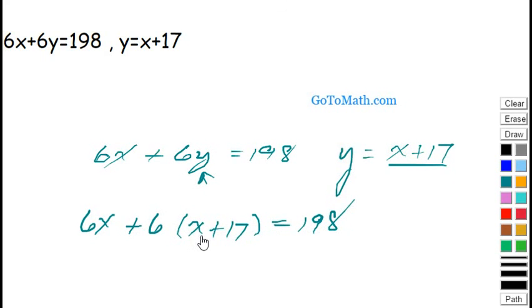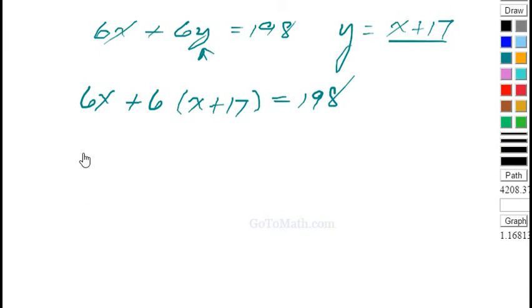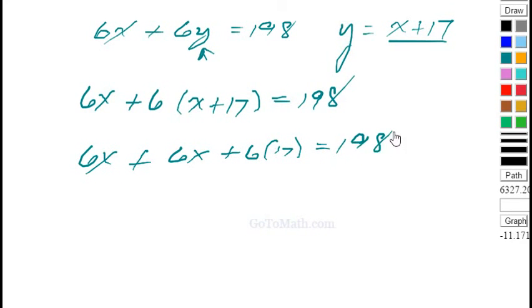And now what we want to do here is solve for x. So 6x plus, distribute that 6 across, we have 6x plus 6 times 17 is equal to 198. And then of course we want to collect up all our like terms. 6x and 6x is 12x.